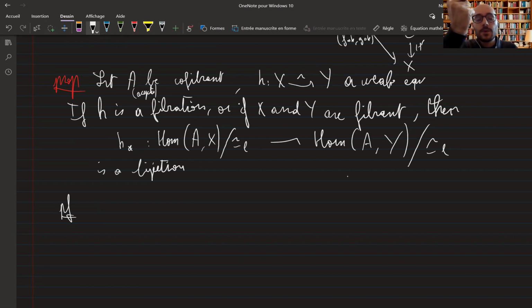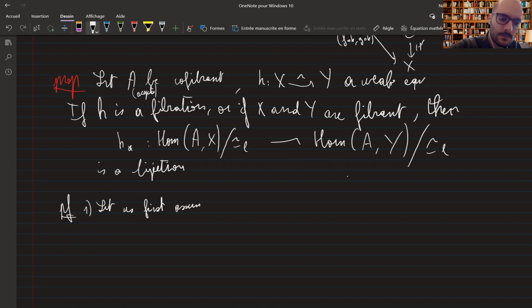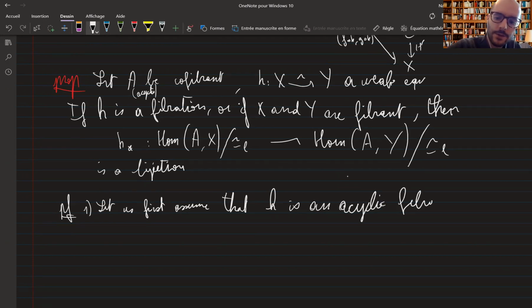We are going to do both cases, and this part will be a consequence of this part. So let us first assume that h is an acyclic fibration.